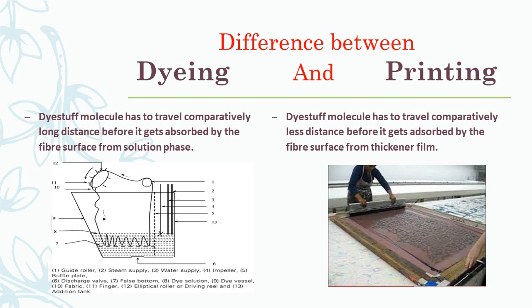During steaming, from the dried thickener film, it has to just get adsorbed and then absorbed with the help of steam or moisture provided by the steam. Okay, so it has to travel comparatively less distance before it gets adsorbed by the fiber surface from thickener film. I hope you are getting an idea from this.